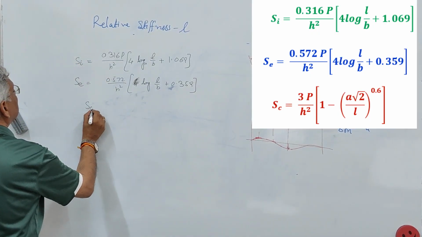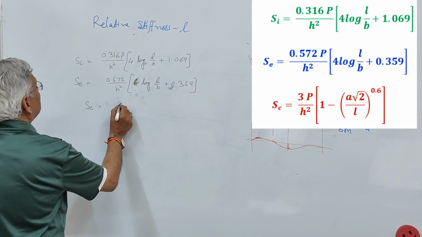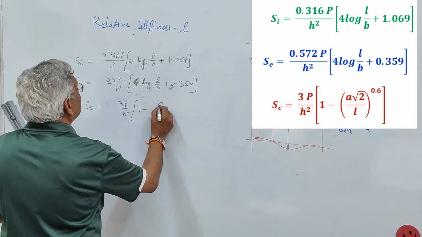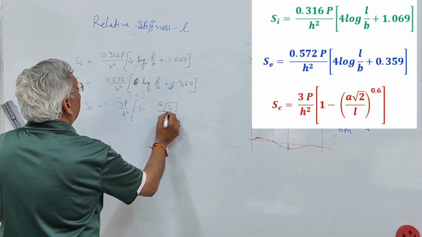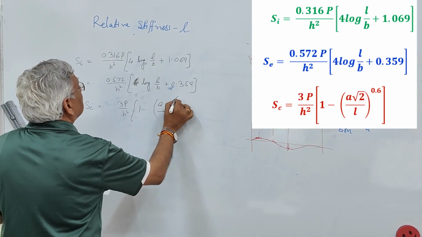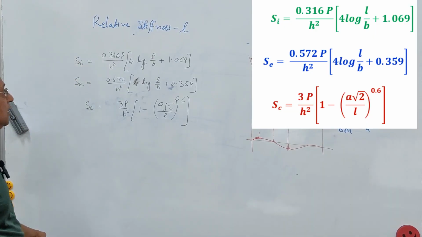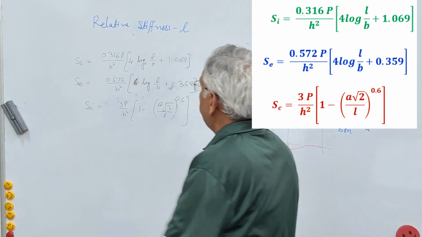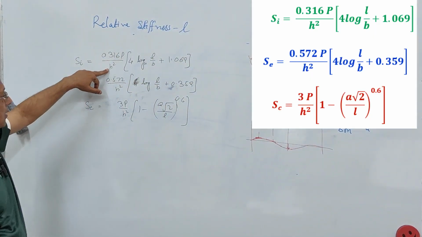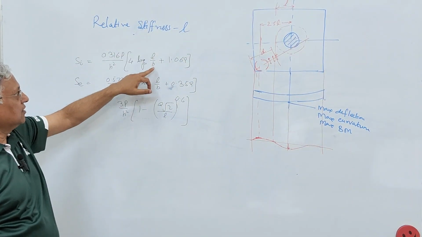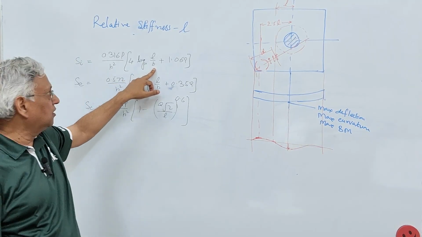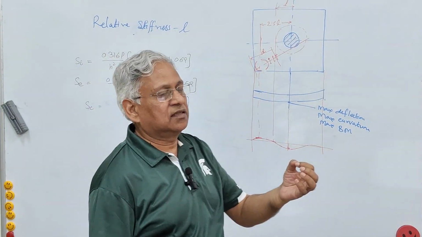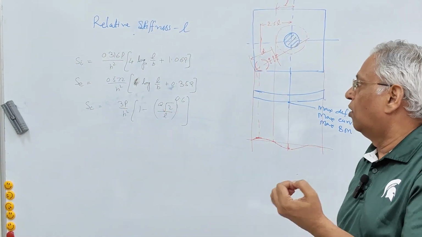And similarly, corner stress is 3P upon H square into 1 minus (A root 2 upon L) to the power 0.6. These are the equations suggested by Westergaard. Here, P is the wheel load, H is the slab thickness, L is the radius of relative stiffness, B is the radius of resisting section, and you can find out the stress at the edge, corner or interior.